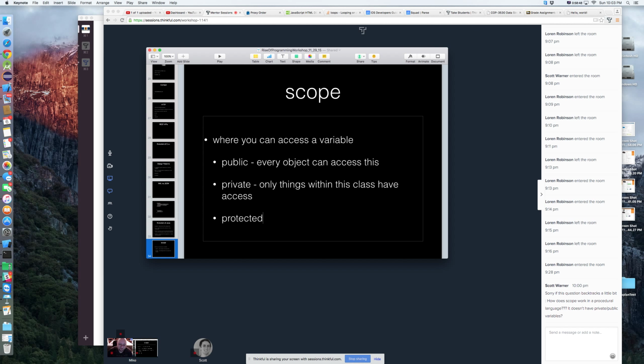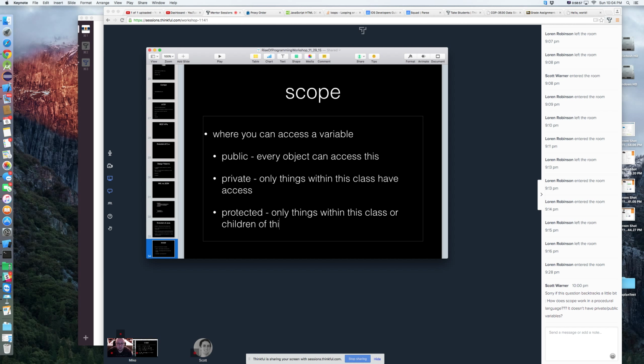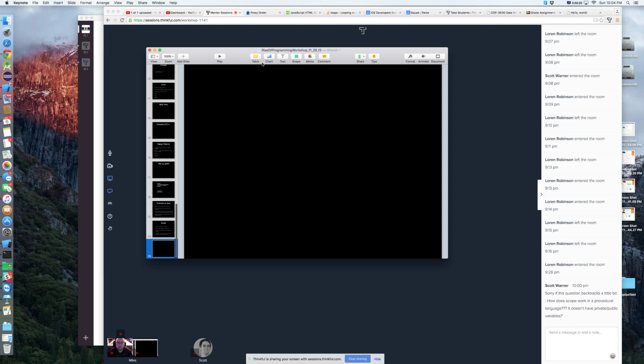And protected, among other things, says that only things within this class or children of this class have access. Procedural languages we never got outside of the file you were currently sitting in. That you didn't have this idea of other classes. Okay, so the concept of public-private protected went out the window, and all we had was the idea of whether something was global or not. So I kind of like to draw a picture for scopes.